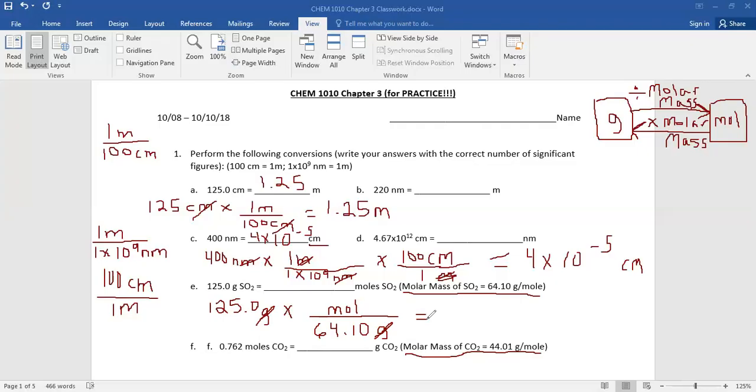And so you take 125, divide by 64.10, and your answer is 1.950 moles. Note that your starting number, 125.0 grams, has 4 significant figures. So my answer should also have 4 significant figures.